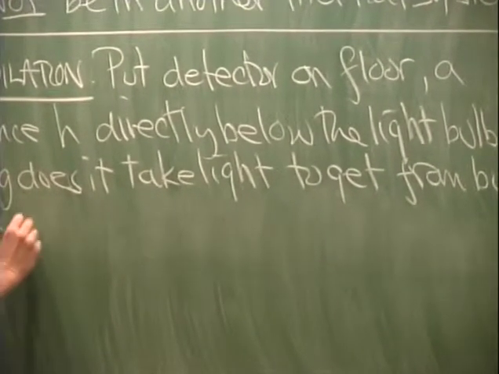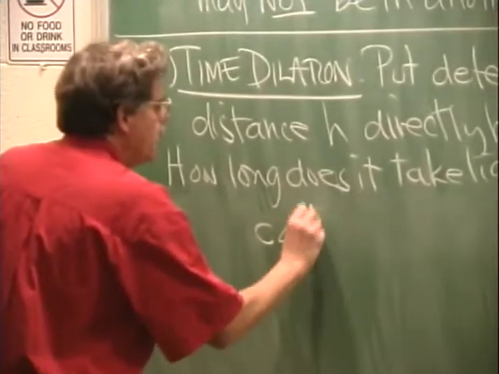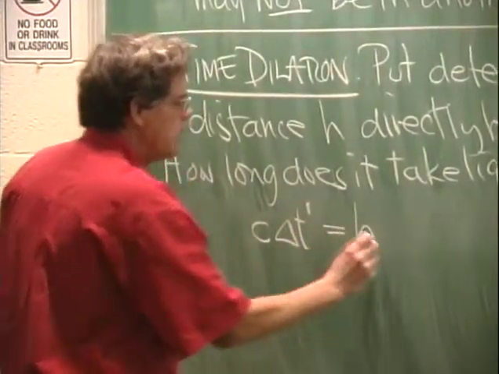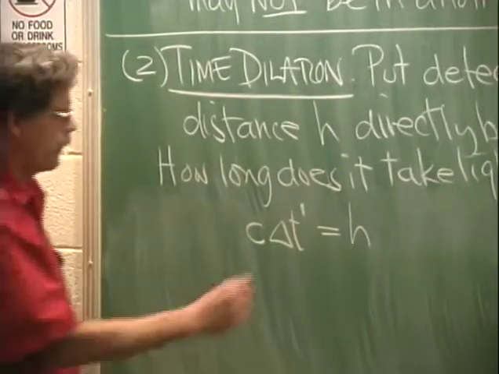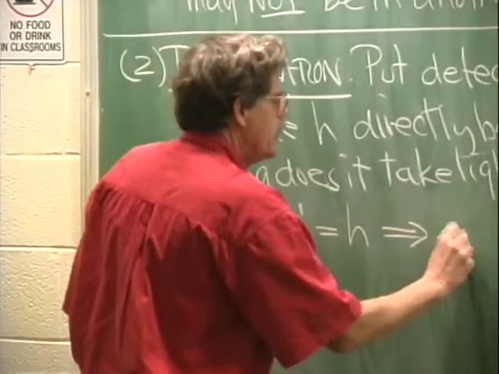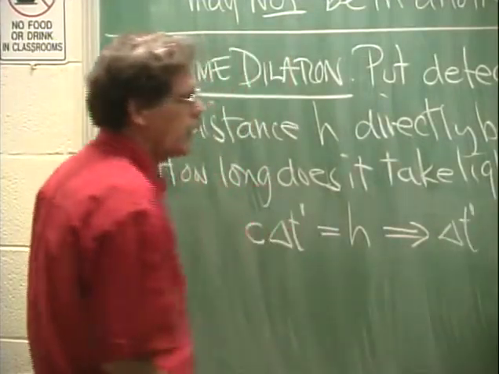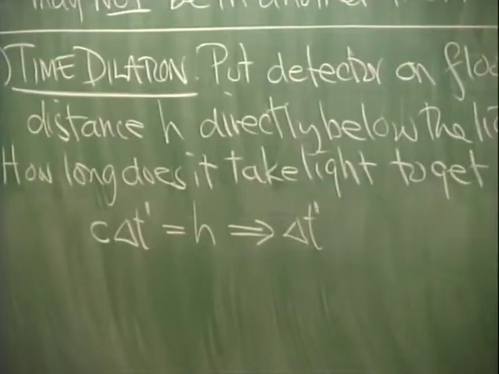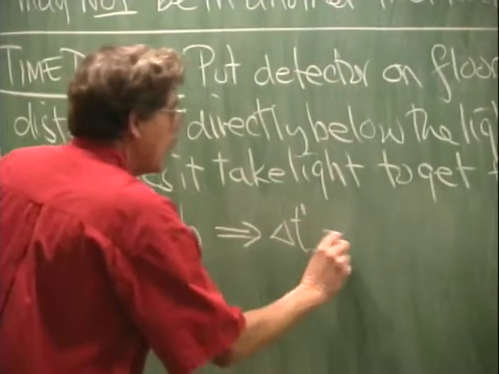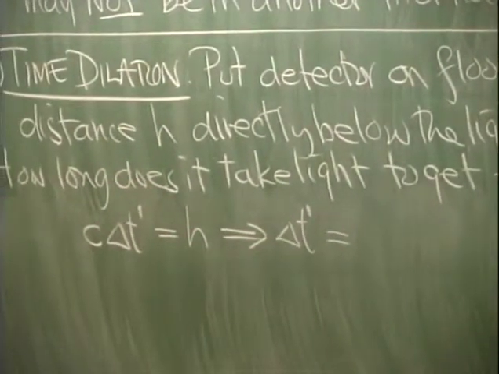So c delta t prime is equal to h, the velocity times the time equals the distance. Or delta t prime, what I was trying to calculate, the time it takes the light to get from the bulb to the detector, as measured by an observer on the train, is h over c.